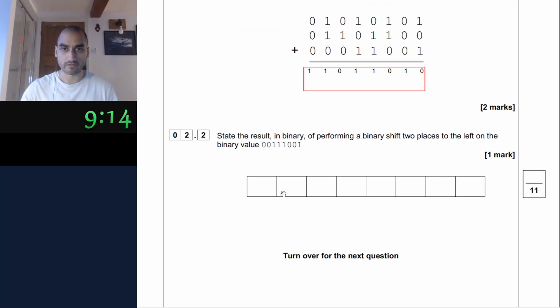State the result in binary of performing a binary shift 2 places to the left on the binary value 0 0 1 1 1 0 0 1. Left means multiplying by 2 and by 2, right? But we don't have enough. Oh, they have given us enough, okay.